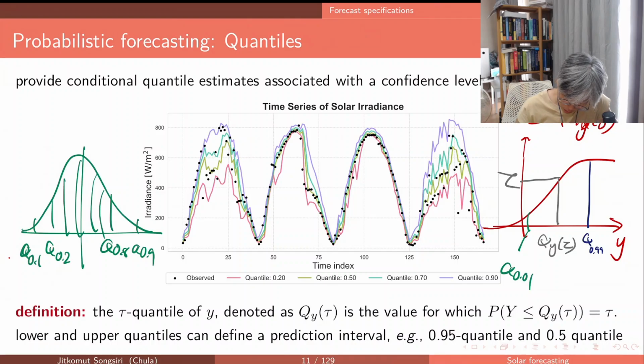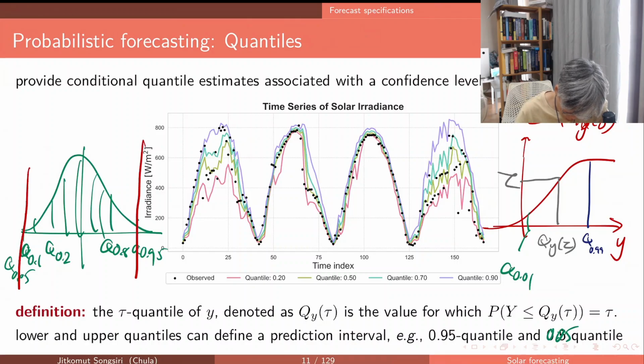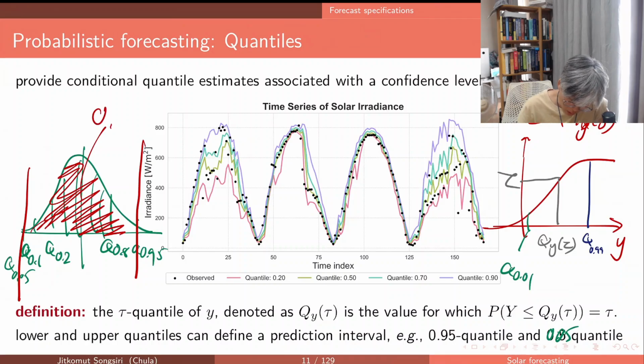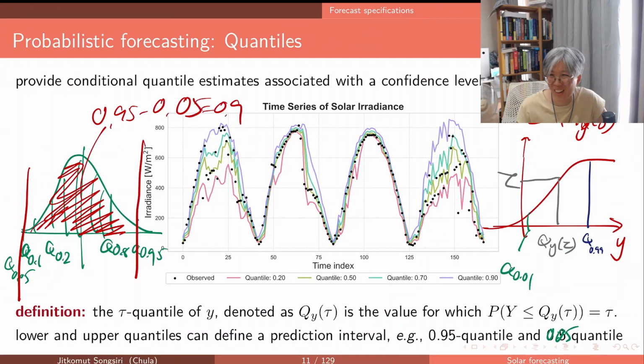So I can say if I pick the 0.95 quantile, okay, this is supposed to be 0.05, and if I pick the 0.05 quantile, it means that the area between these two quantiles takes the area of 0.95 minus 0.05, which is 0.9.